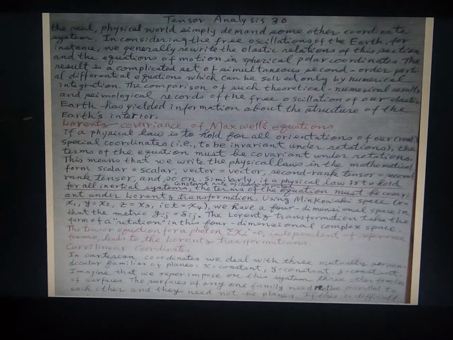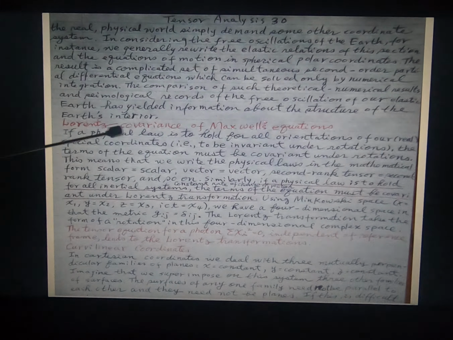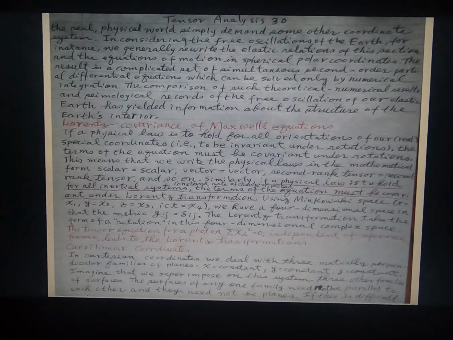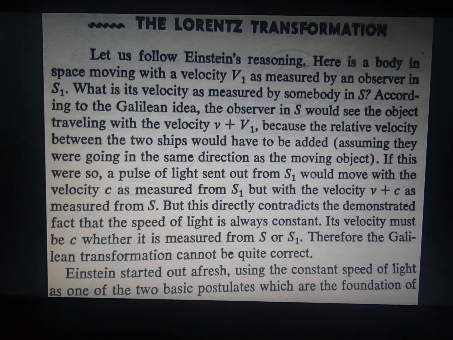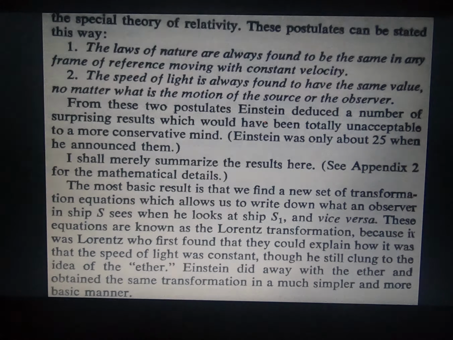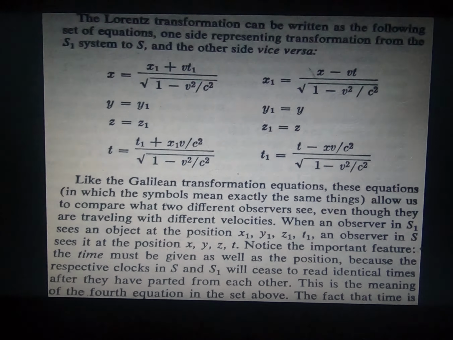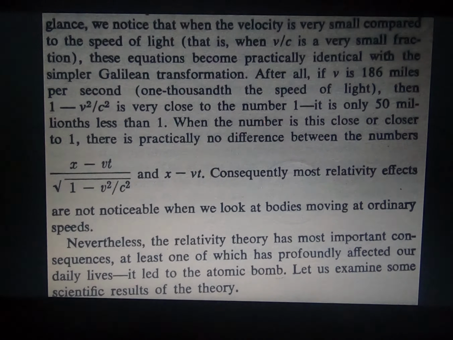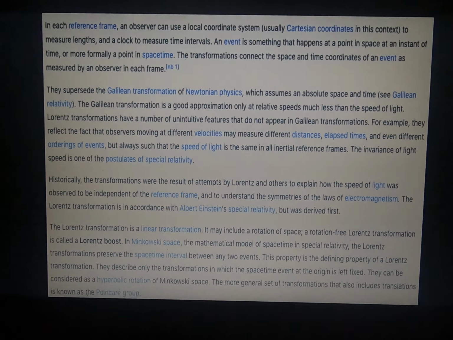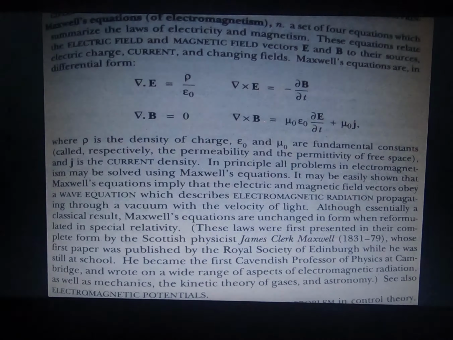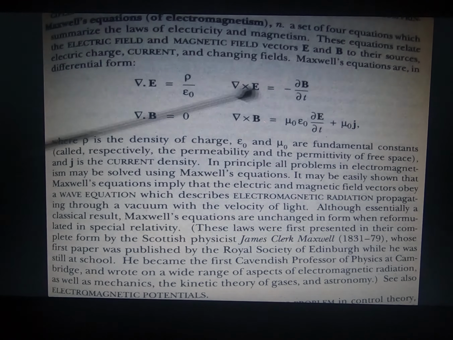And let's see how tensors apply to the Lorentz covariance of the Maxwell equations. Lorentz transformation. Maxwell equations.